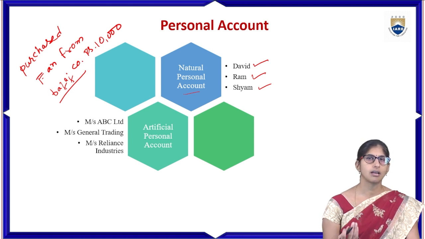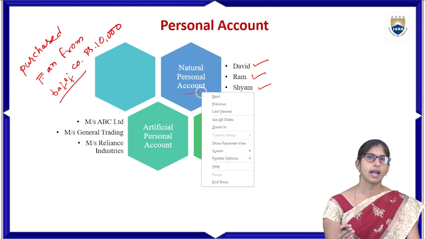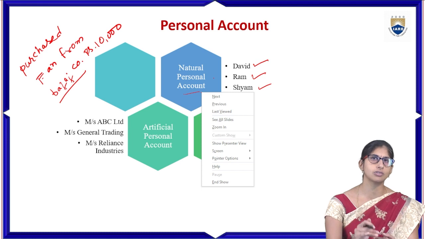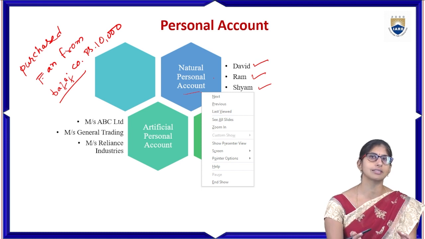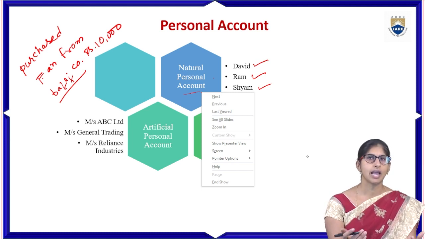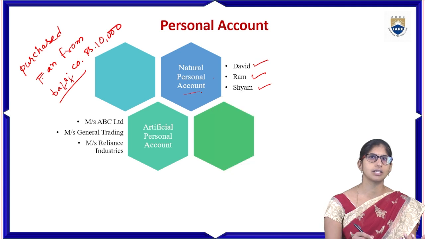A human being's name is considered a natural personal account item, and a human being is going to establish some business and give a name to that business, that is Bajaj company or ABC Limited or General Trading or Reliance Industries.